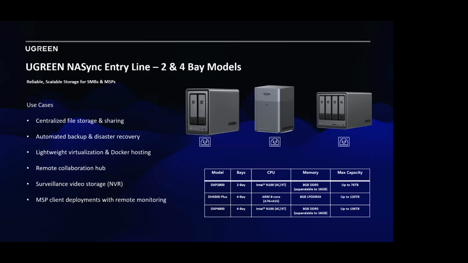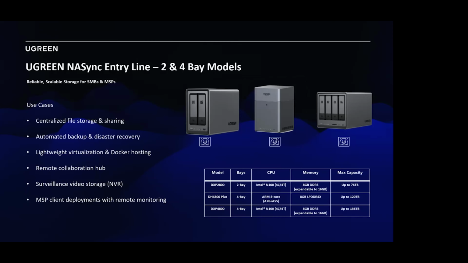These are great for centralized file storage and sharing. If you need a file server, this is a perfect fit for your local business or for home. It's a great small device for storing your photos and videos. You can also stream off of it because the Intel N100 processor comes with a GPU, especially on the 2800 and 4800 NAS devices.